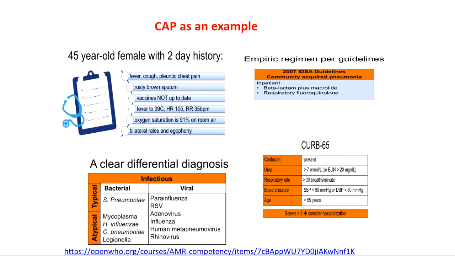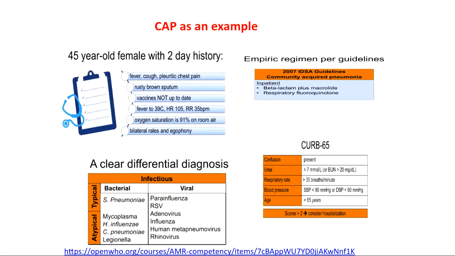So this patient is a 45-year-old female with 2 days history of fever and chest pain, vaccine history not up to date, fever 39, oxygen saturation 91%, and there are bilateral rales and egophony. You need to do your differential diagnosis. You need to think about bacterial or viral, typical or atypical.